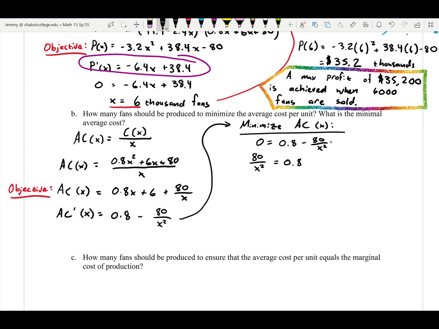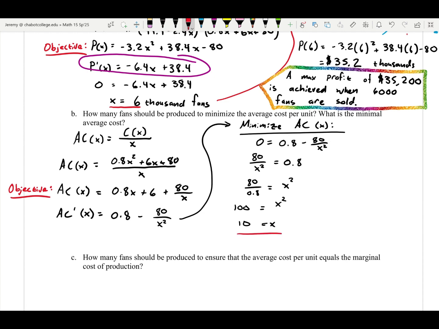And I end up with this. So I get that x squared is equal to 100, taking the square root of both sides, x equals 10. Okay, so that's one critical number.